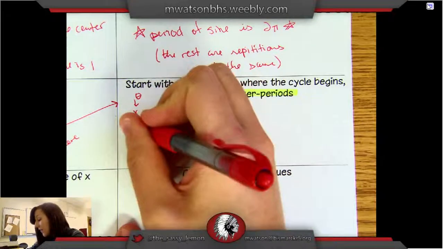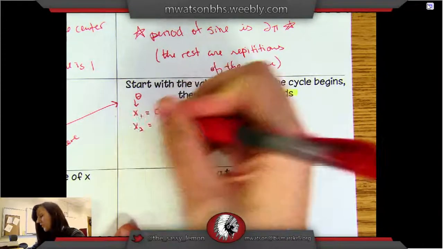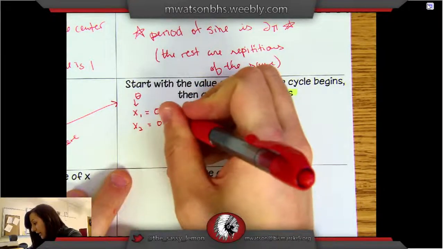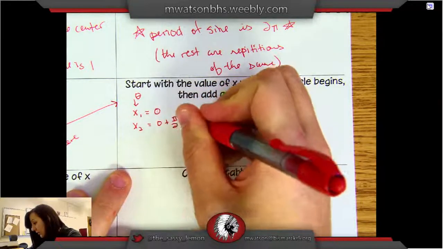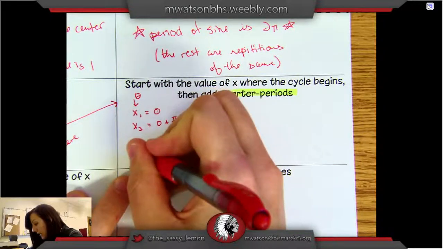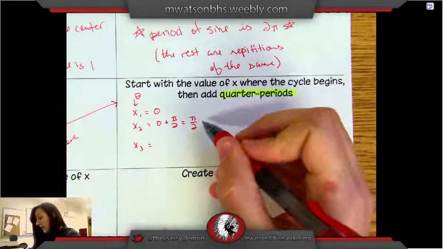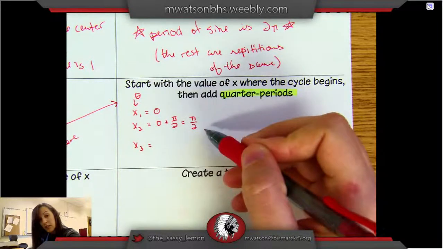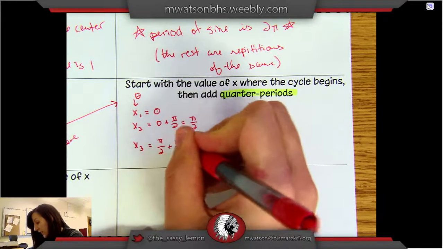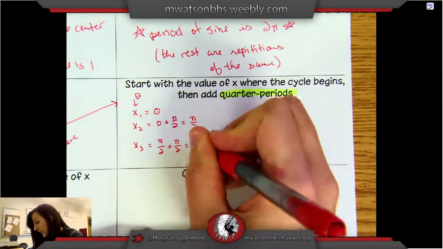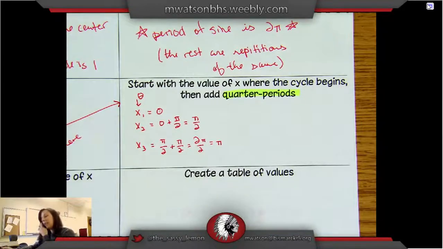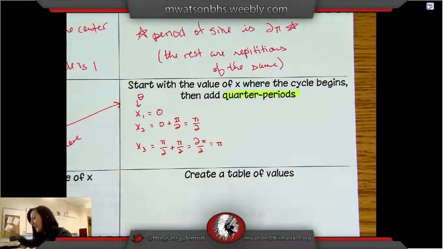So our second x value, or radian value, is 0 plus pi over 2, which is pi over 2. Our third one is x sub 2 plus pi over 2, so pi over 2 plus pi over 2, which is 2 pi over 2, which we can simplify to just pi. So all we're doing here is adding this quarter period.